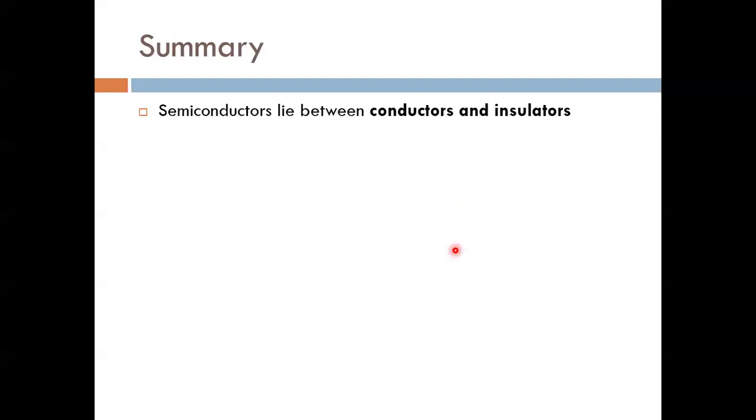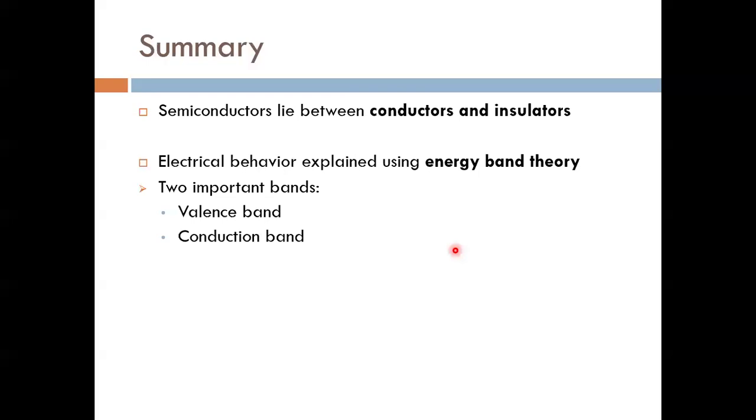Okay, so now let's try to summarize. Semiconductors lie between conductors and insulators. It means their conductivity is in between conductors and insulators. Behavior can be explained using energy band theory, and in that there are two important bands: valence and conduction band. Conductivity is controlled by the doping process.